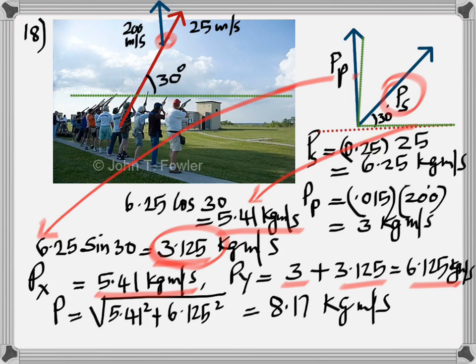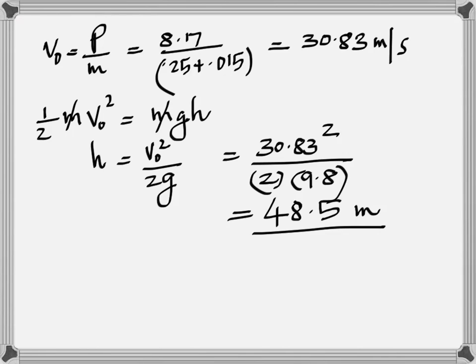And to find the resultant, you have to square them, add and take the square root, which gives you 8.17 kilogram meter per second. And now to find the velocity with which both of them move up, you divide the momentum by the total mass. So that gives 30.83.